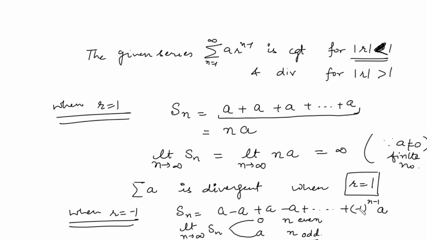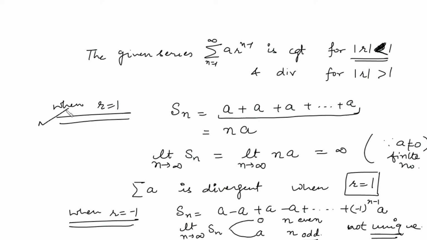When your n is even, you will have a minus a, so these terms will cancel out and the sum is approaching 0. So your limit is not unique, right? So that means your series is not convergent when mod of r is exactly 1.